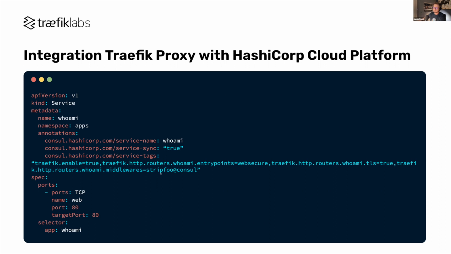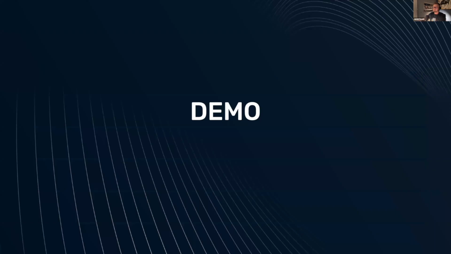The middleware will be strip prefix, but as you can see, the provider for that middleware is Consul. As I mentioned, services will be kept in the Consul catalog in the dedicated namespace, but configuration, middlewares and anything else related strictly to Traefik will be kept in the Consul key value data store. So this is how it has been configured.